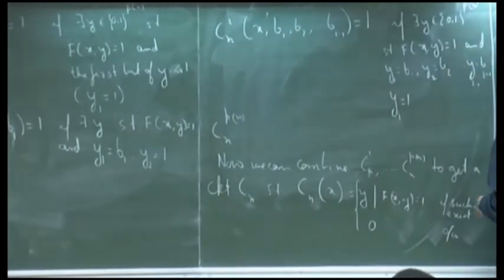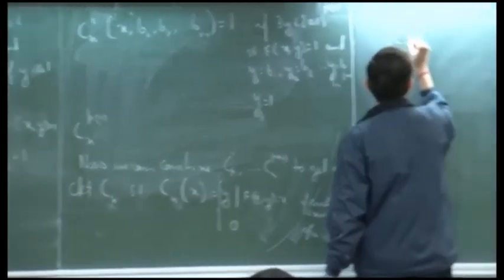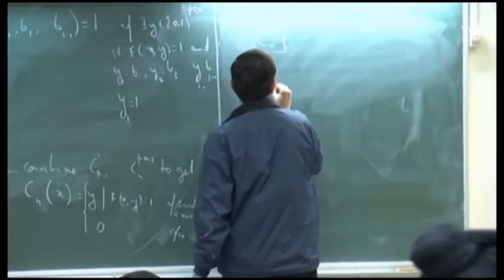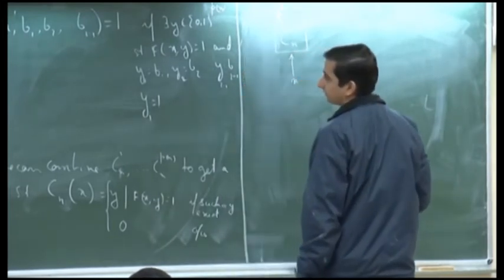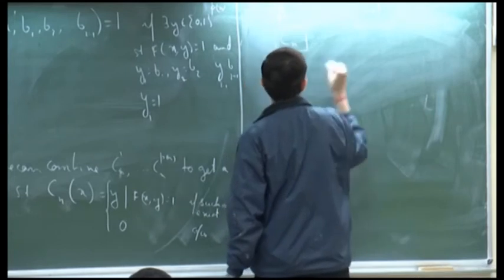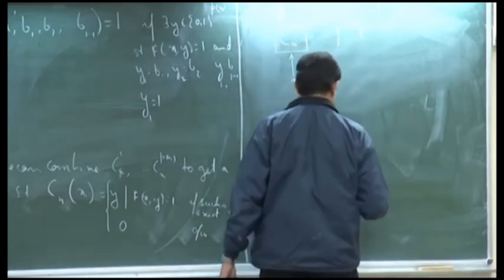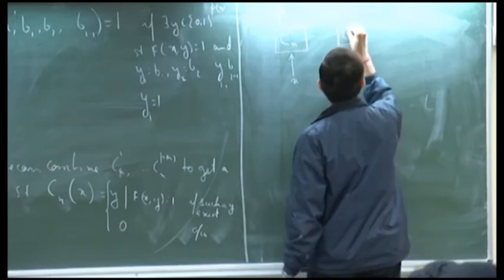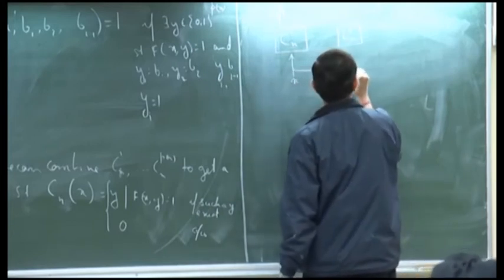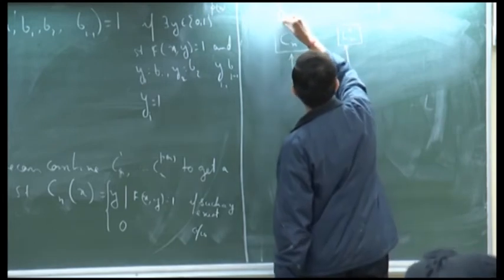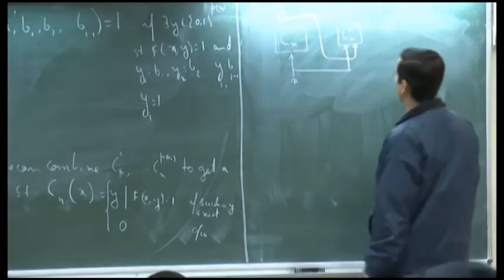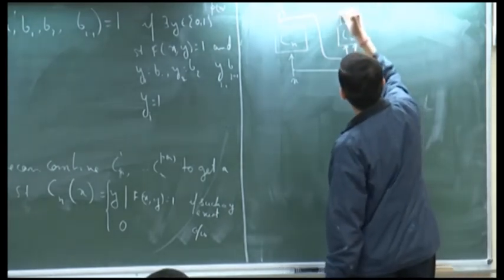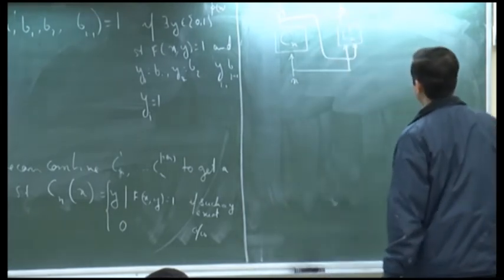If you want to look at a pictorial view, suppose you have this circuit Cn1. It takes x as input and outputs a bit b1. Now I have Cn2. I also feed x to this, and along with that I feed the bit b1 to this circuit. This will give me another bit b2.